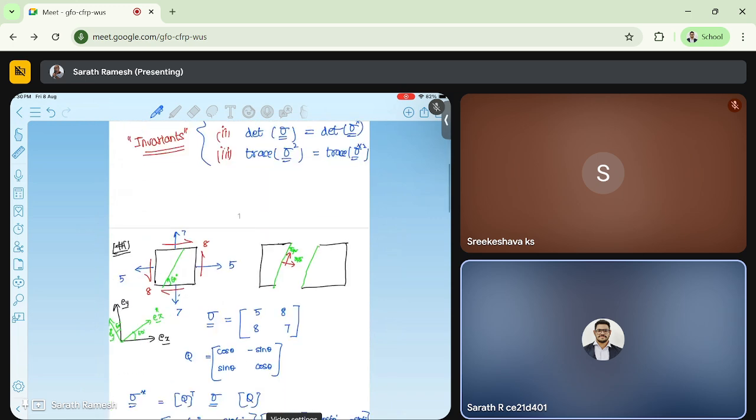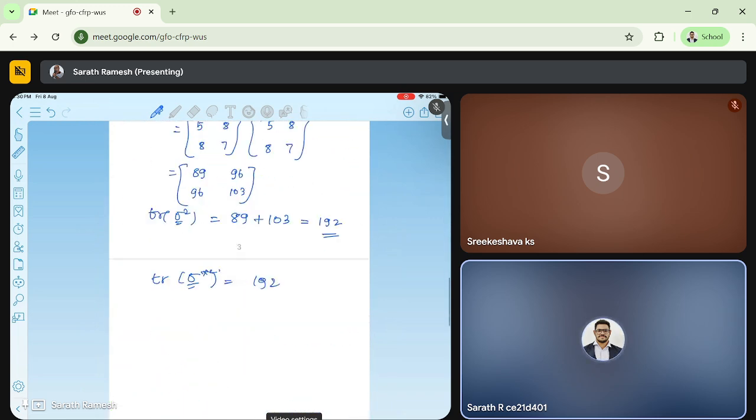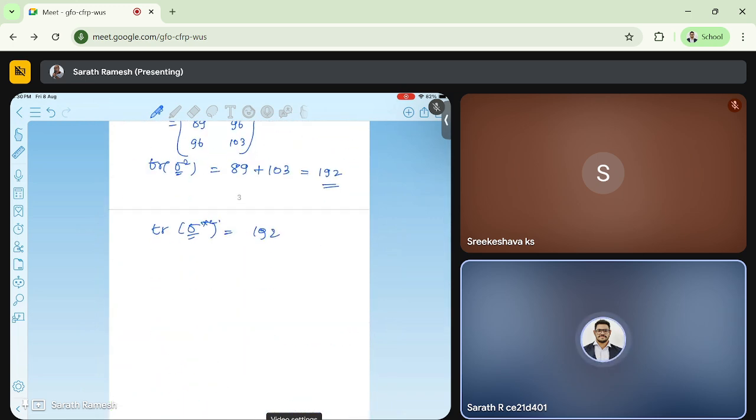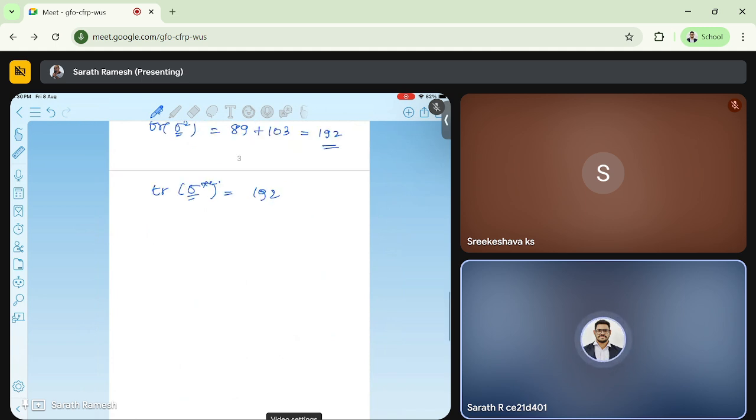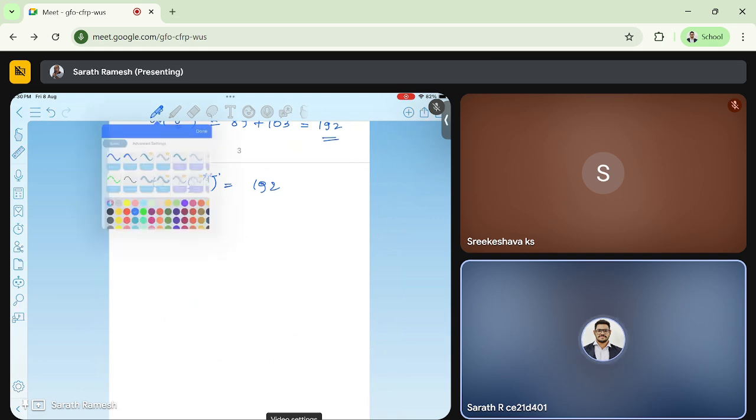Fine. So let's proceed. Now let's draw the Mohr circle for the same, or maybe we'll solve another problem and go to Mohr circle.